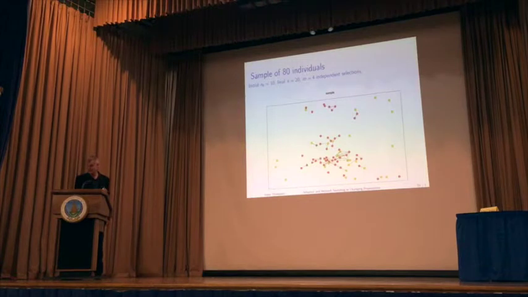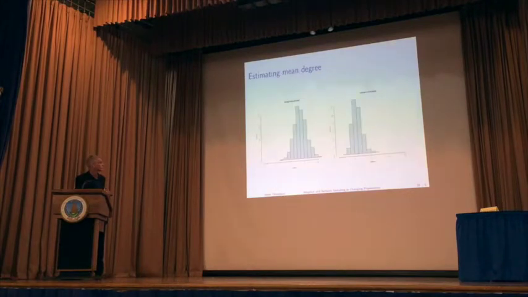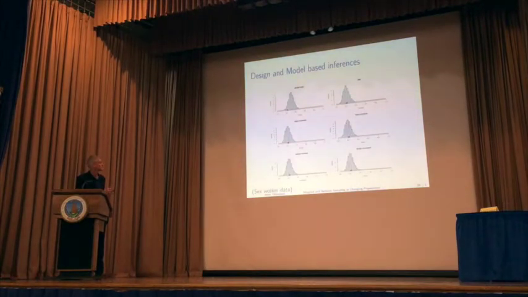So I could use that to simulate. I could select a sample like this through the network sampling designs I was showing, and then estimate different things like the degree distribution, or various things about the rates of high-risk sexual behavior and things like that.